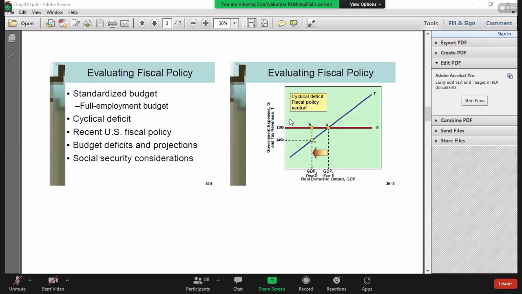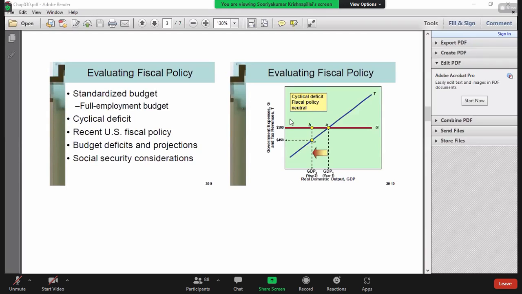So government expenditure is 500 million. The government proposes the budget for the next year, every year at the end of the year. So next year, given the real GDP, they calculate the tax they are going to collect. They plan next year's government expenditure at 500 million.